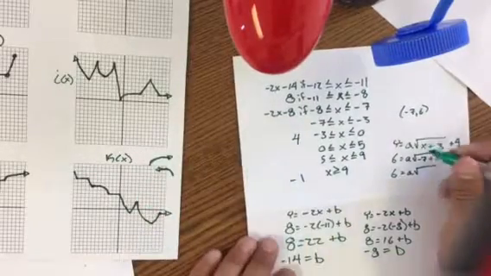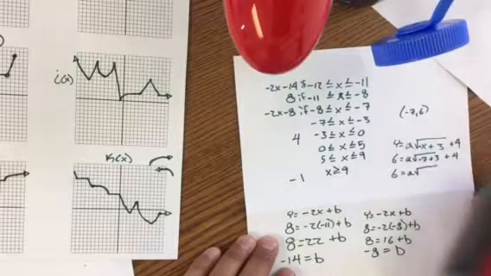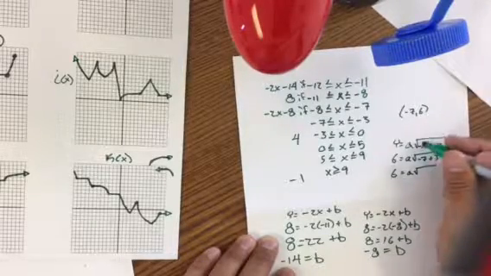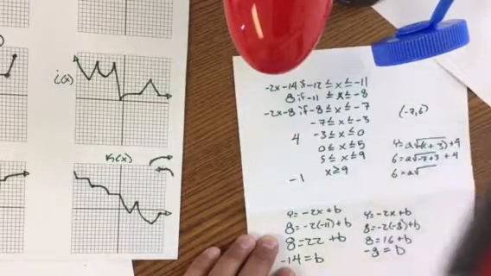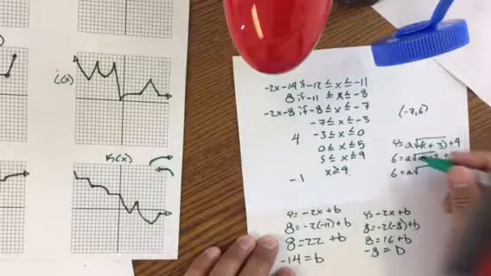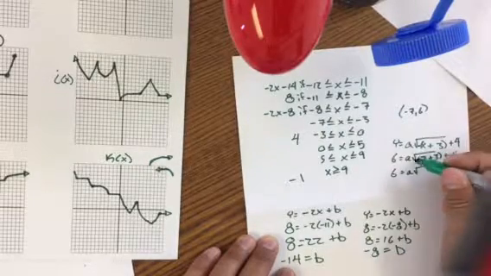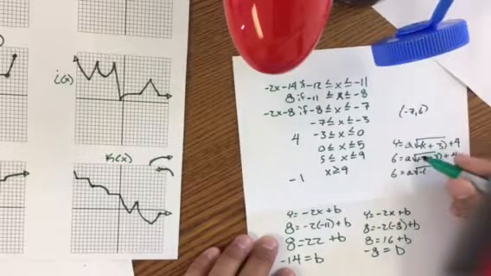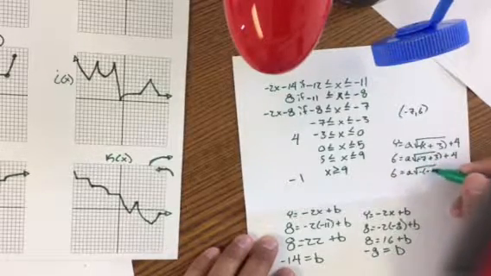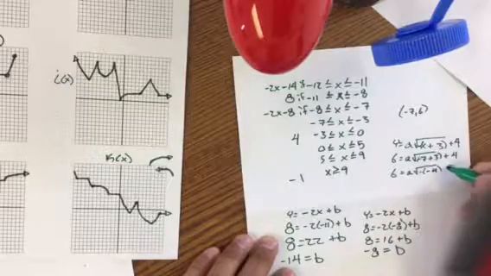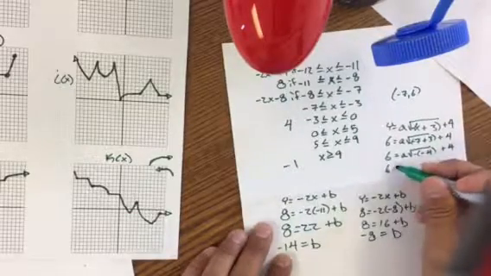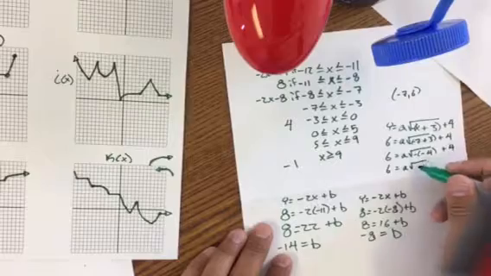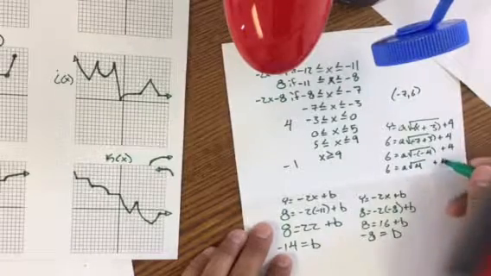So we're going to change this to be negative x plus 3. So what we're going to do right here is negative 7 plus 3 is negative 4, which means we're going to get a square root of 4 plus 4.